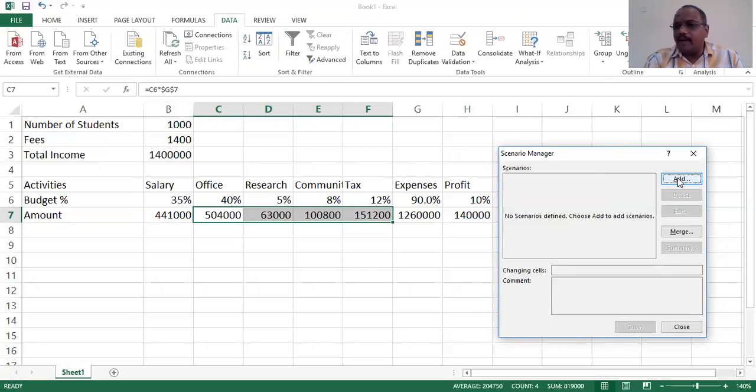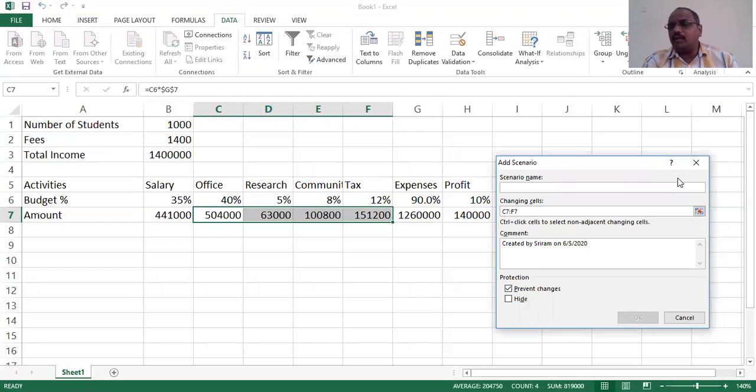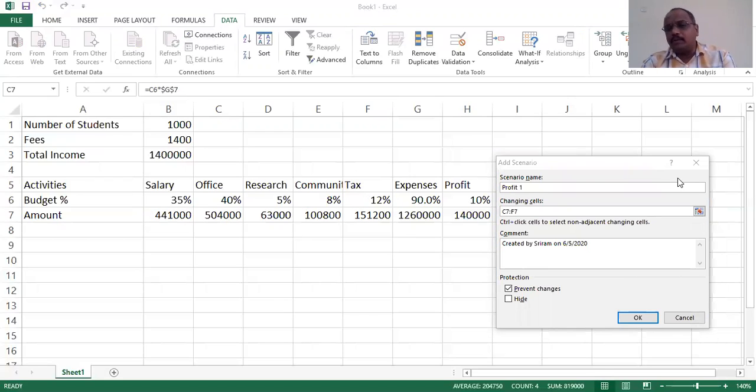So I'm going to click Add, because the first one we are having is with respect to profit. When we check the profit, they have given that they are going to change the profit to 8%, 12%, and 15%.